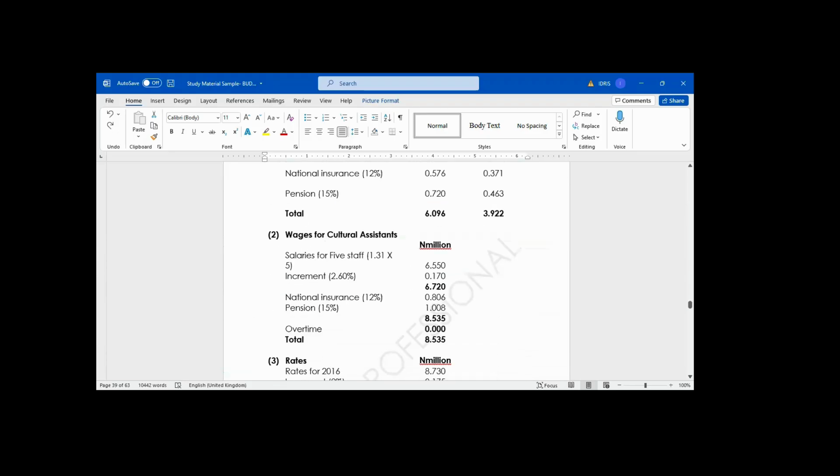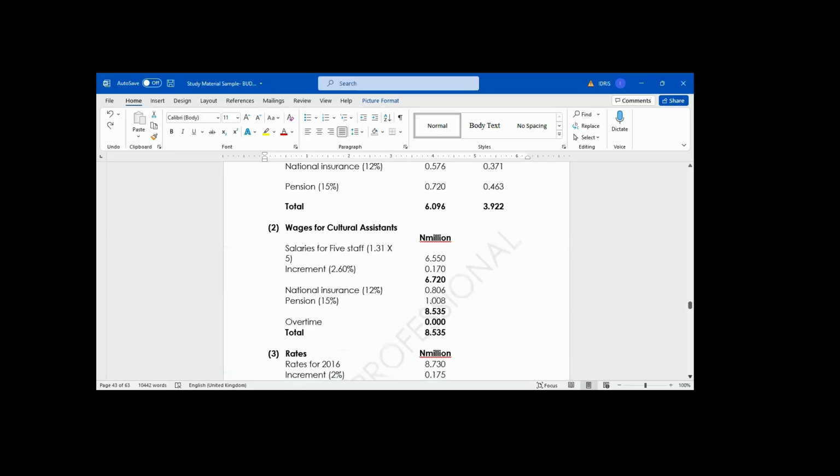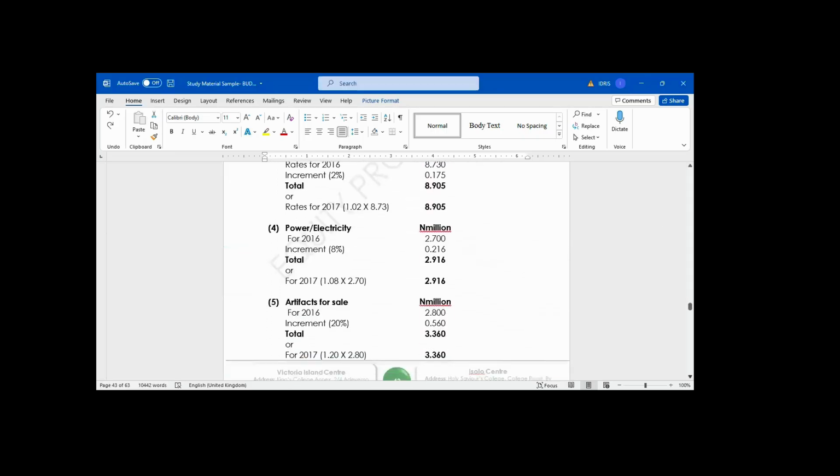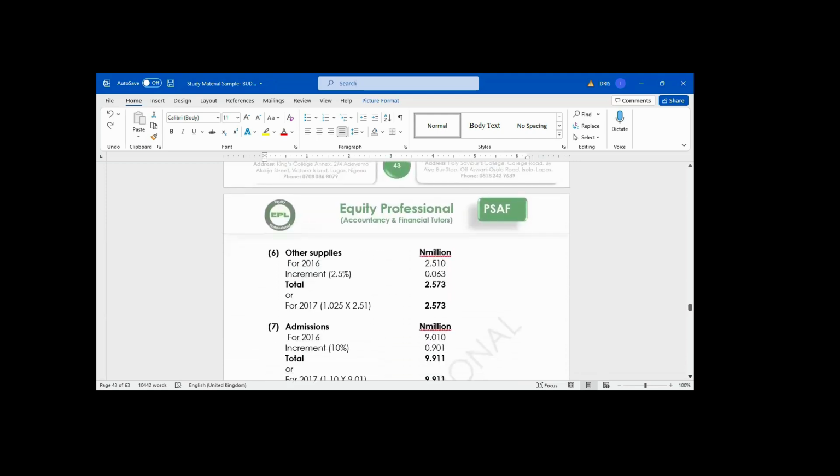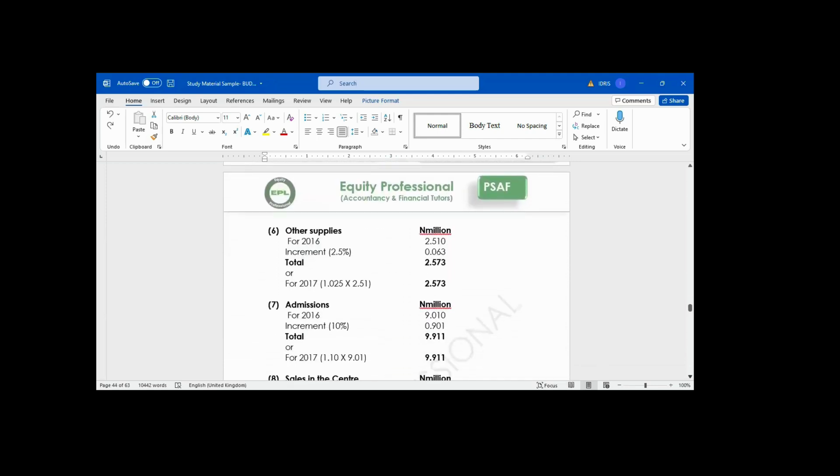So 2.5% of the amount of 2.510 will give you 0.063. That means the total other supplies is 2.573 for 2017.